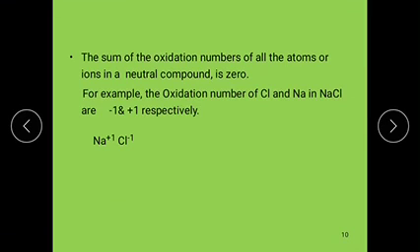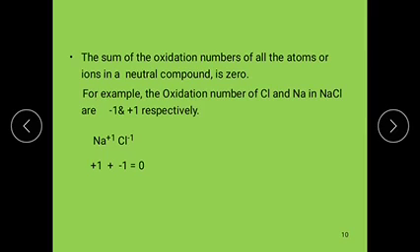Sodium's atomic number is 11. It is in the first A group. To attain stability, it should lose one electron. When it loses one electron, it converts to Na plus. At the same time, Cl is ready to take the electron from the sodium. Then it forms the sodium chloride molecule.